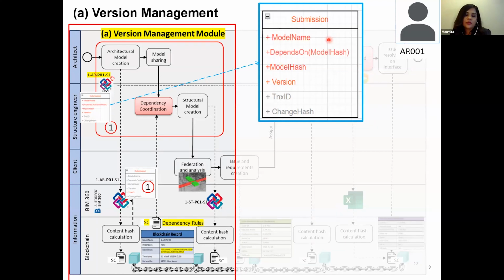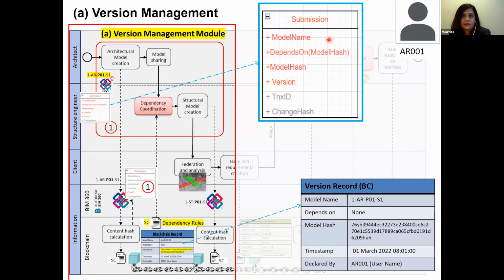So in our prototype, we have a backend system which takes care of all these inputs. And after the input is made and the uploading is completed, a record like this is created in the blockchain. And so as you can see, a proof of this file is stored, and the person who has submitted it, his declaration is also recorded.